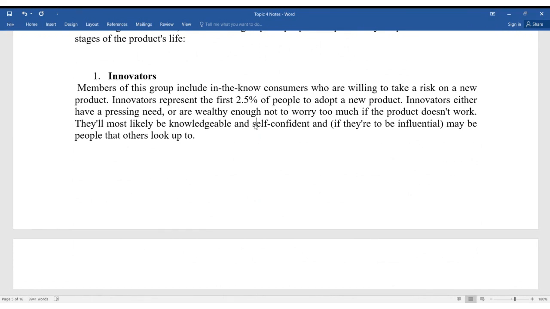So you find that there are people who have the money, they are highly self-confident, they are knowledgeable, they cannot fail to take note of any new development. These are people who are informed, highly educated. Yeah? They're actually the ones that are targeted when new products are launched.